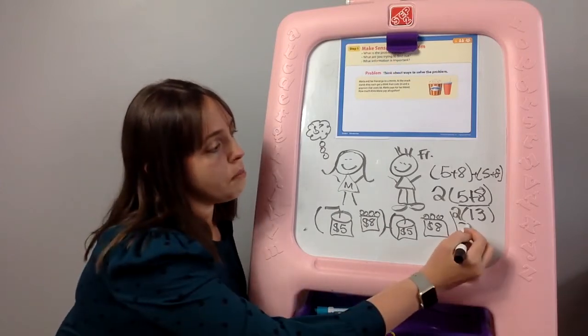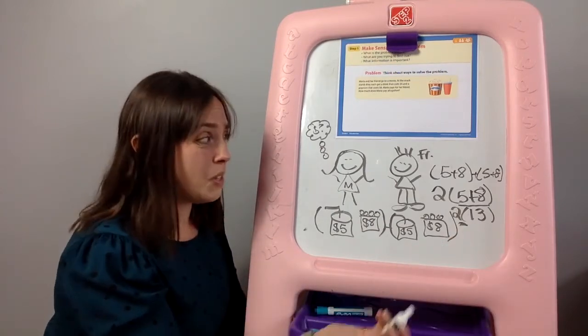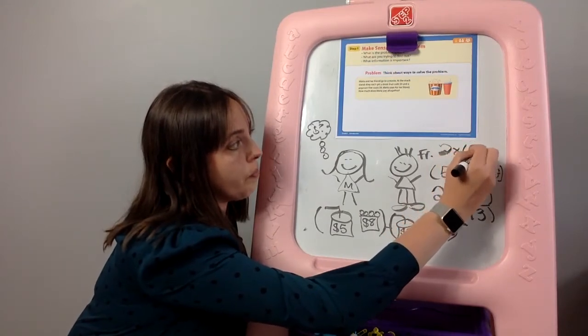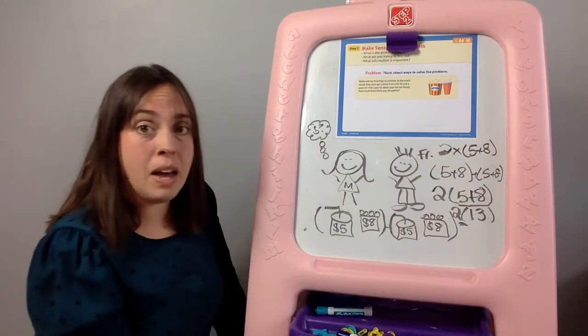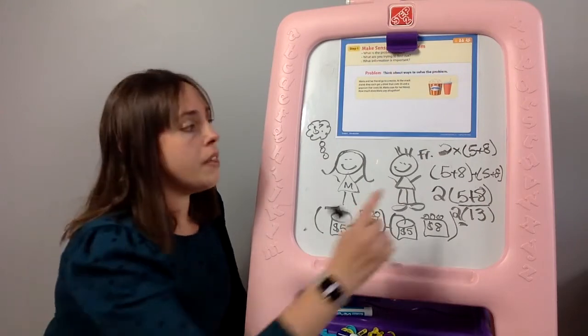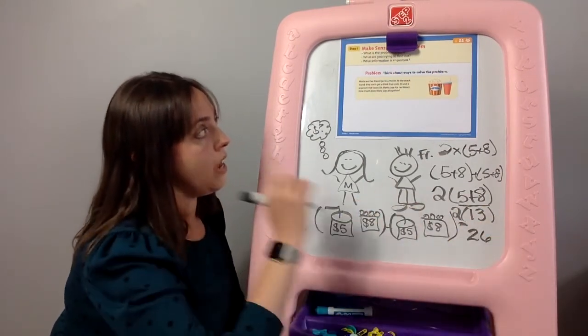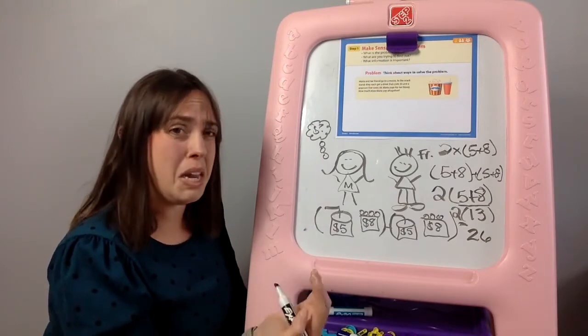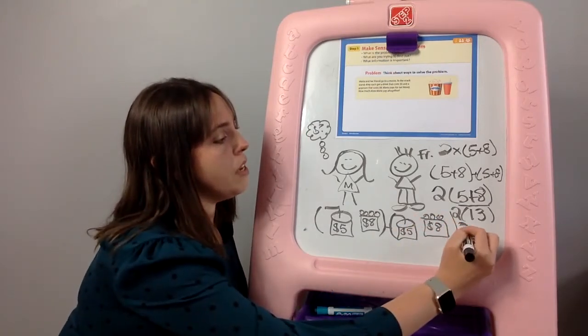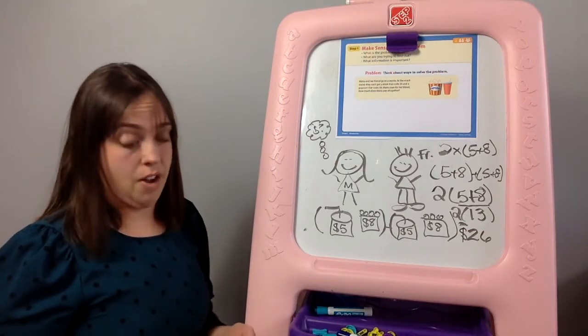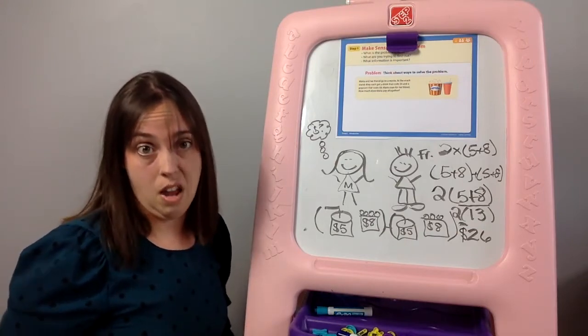So this, if you remember, means to multiply. If that's confusing to you, you can always write it like this. It doesn't matter. They mean the exact same thing. So now 2 times 13 is 26. I need to be thinking, though, as in money. So she is going to spend $26 in order to get her friend and herself some popcorn and a drink.